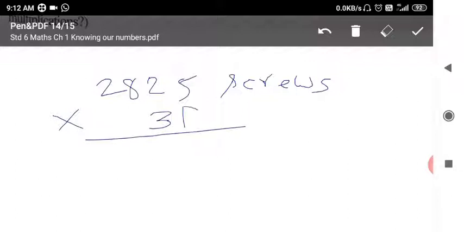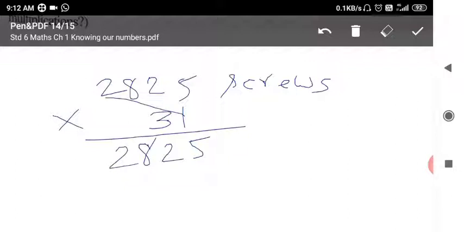First we will take multiplication in the ones digit, 1, with all the digits above. So 1 times 5 is 5, 1 times 2 is 2, 1 times 8 is 8, and then 1 times 2 is again 2.